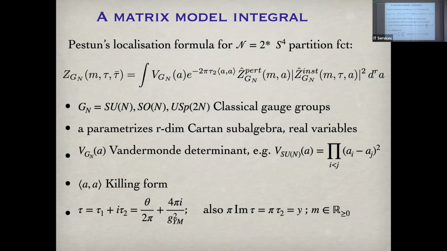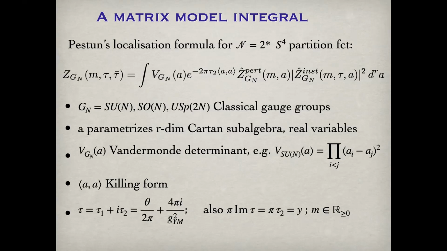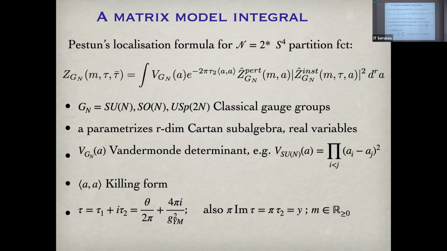So in this talk, I'm going to be talking about classical gauge groups. Actually, we're really going to be dealing with algebras, but bear with me. So we're going to be dealing with SU, SO, or USp groups. So this G_N stands for one of the three. The integration variables are parameterized in the r-dimensional Cartan subalgebra of whatever we're discussing, and we're integrating over these real variables.